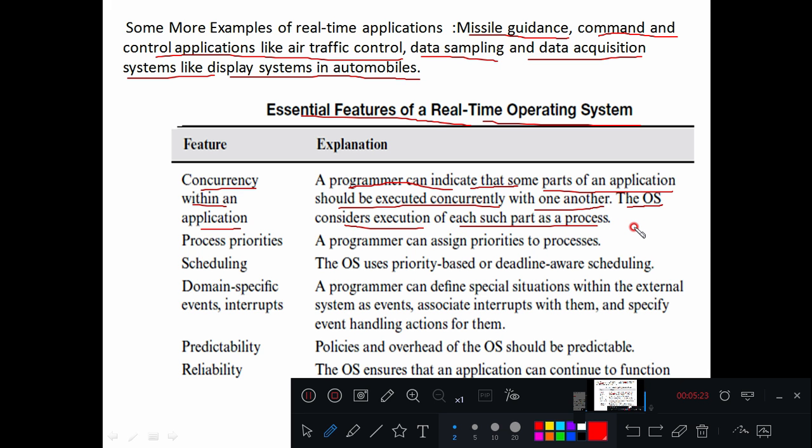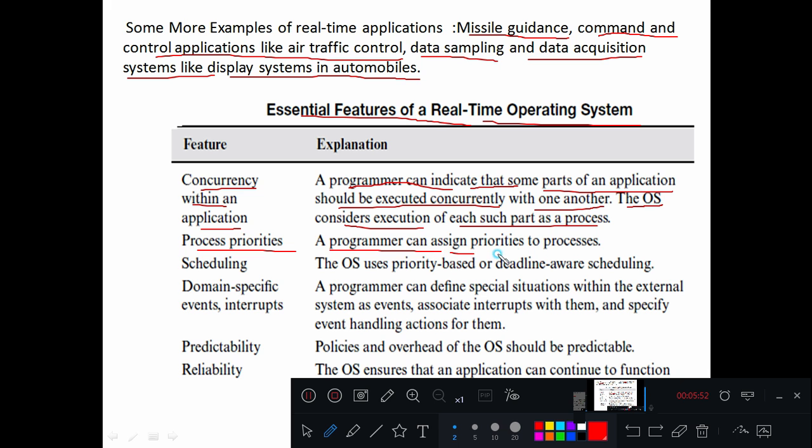It will execute each process concurrently or in parallel, because the entire system has to finish the given task within a time limit. For that, the operating system needs to execute the different processes concurrently.